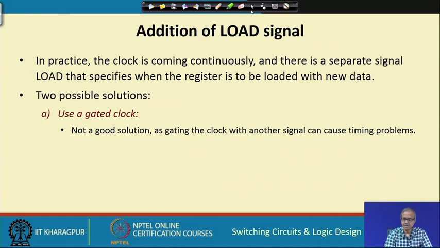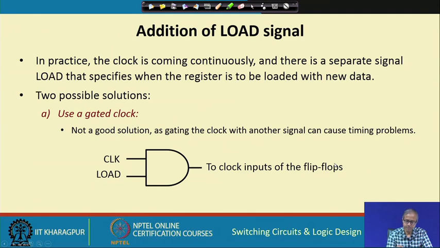Now, the first approach in which you can implement the load signal. There are 2 approaches we shall see. This is something using a gated clock. What do you mean by gated clock? We use an AND gate where both clock and load are ANDed together. So, let the clock come.